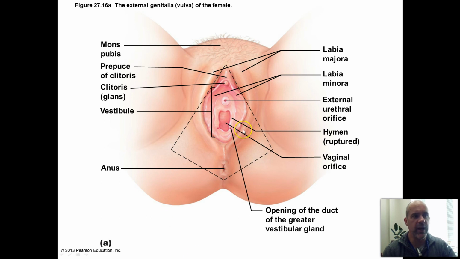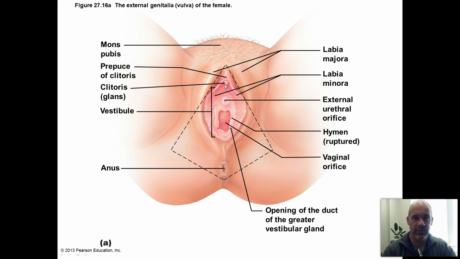Those are the larger external folds or lips of the vulva. And if you part those back, like you see here in this diagram, there are inner folds called the labia minora. Here's the vaginal orifice. Here's the anus down in here. And when a female is in this position, if you look upward, that opening right there is the external urethral orifice. So those are the three openings in the female.